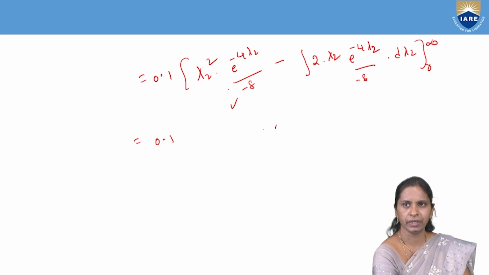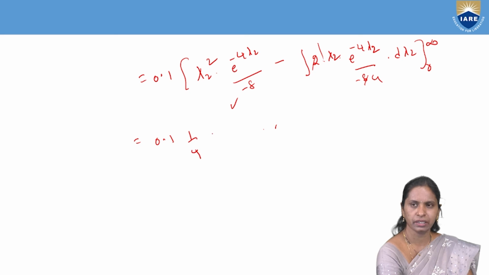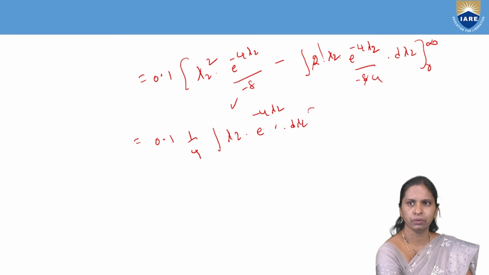If you substitute the lower limit, 0 into something is 0. The first term vanishes. Then here 2 and 8, two ones are 4. So 1 by 4 integration of lambda 2 into e power minus 4 lambda 2 d lambda 2, and the limits are from 0 to infinity.